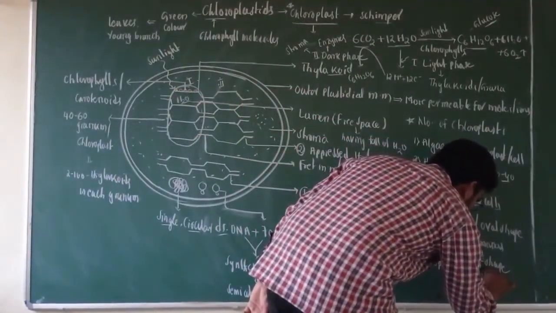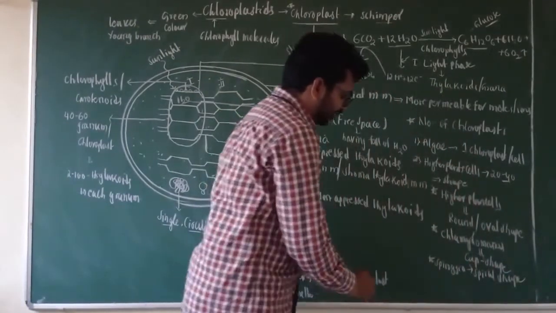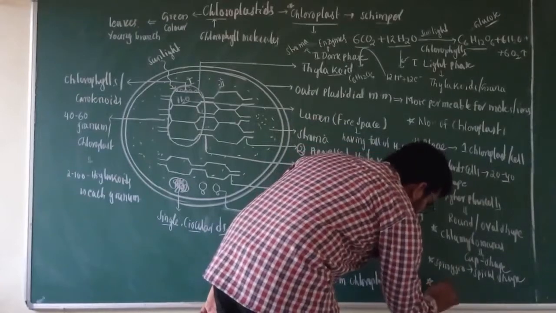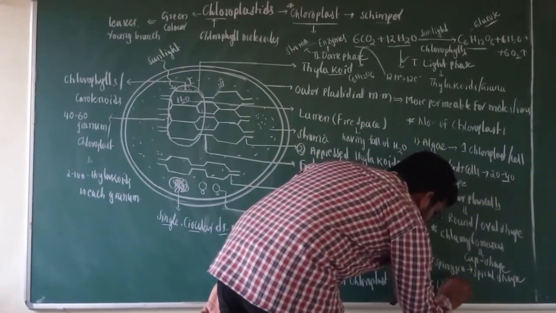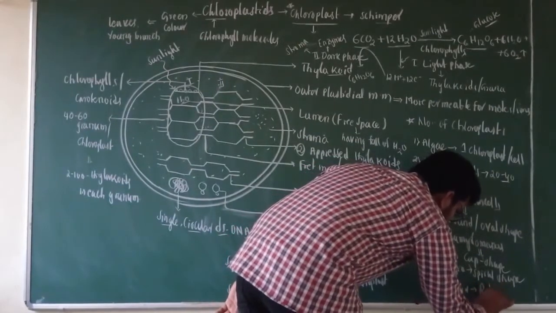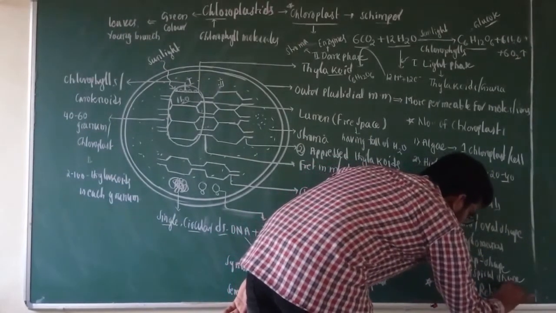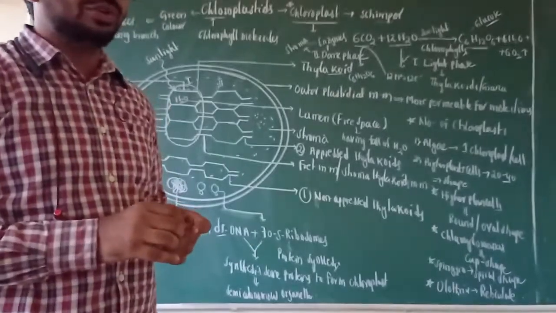And Ulothrix has a reticulate chloroplast. These are the different shapes of chloroplast, children.